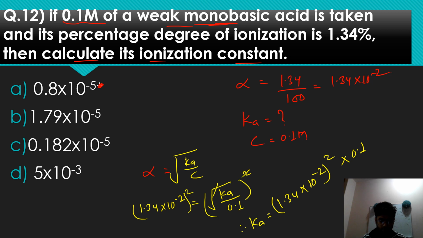Then we'll get 1.7956 into 10 to the power minus 5, that is 1.79 into 10 to the power minus 5. So this one is the right answer.